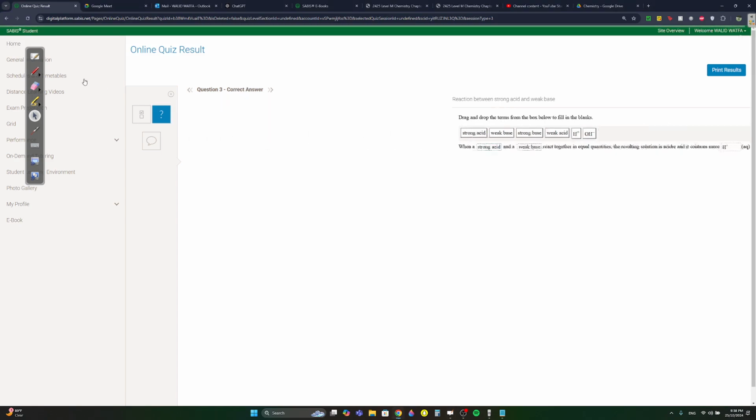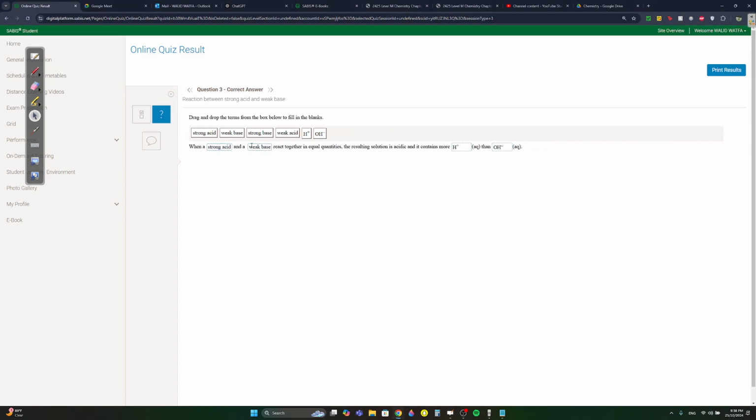It's logical. When an acid and a base react together in equal quantities, the resulting solution is acidic. If the resulting solution is acidic, that means you had a strong acid, right? And if the acid is strong, then what about the base? It's going to be weak, right? If the solution is acidic, what does that mean?